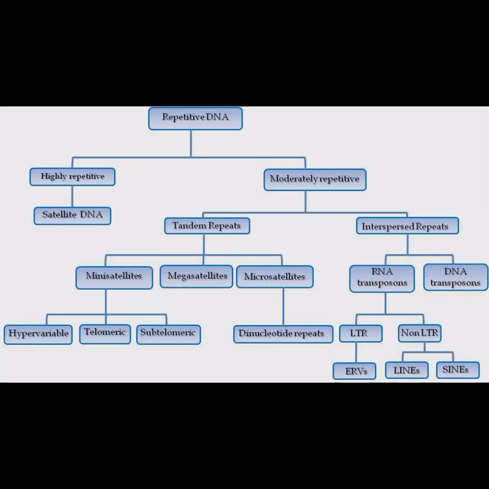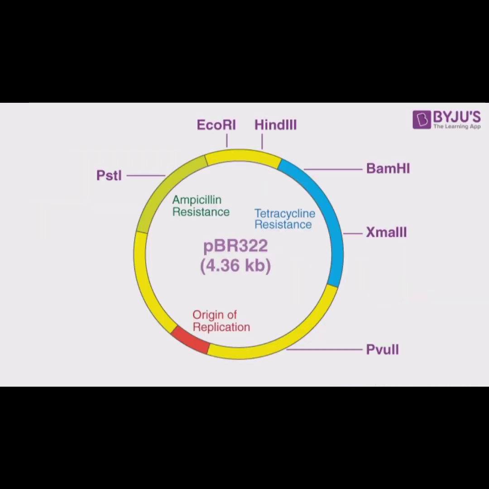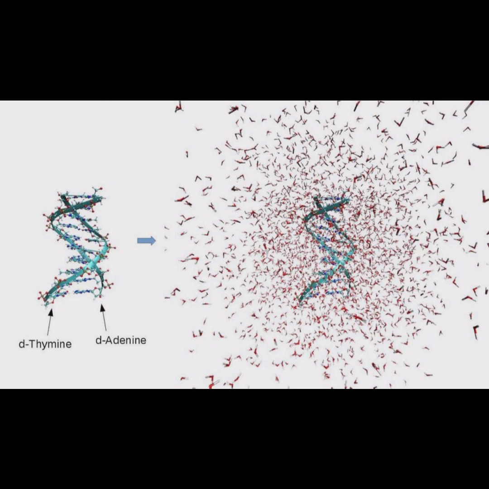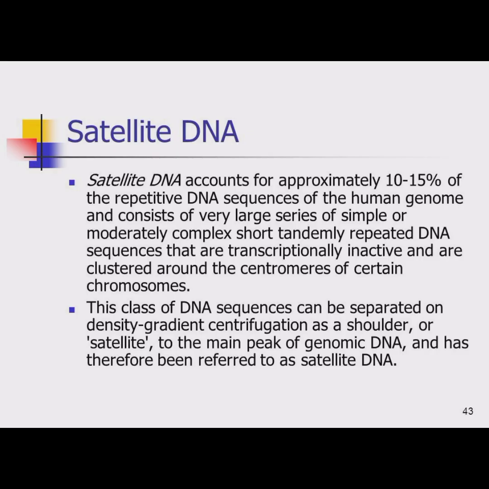This repetitive DNA can be separated from the genomic DNA as different peaks during the density gradient centrifugation technique. The bulk DNA forms the major peak, and the other small peaks are known as satellite DNA.